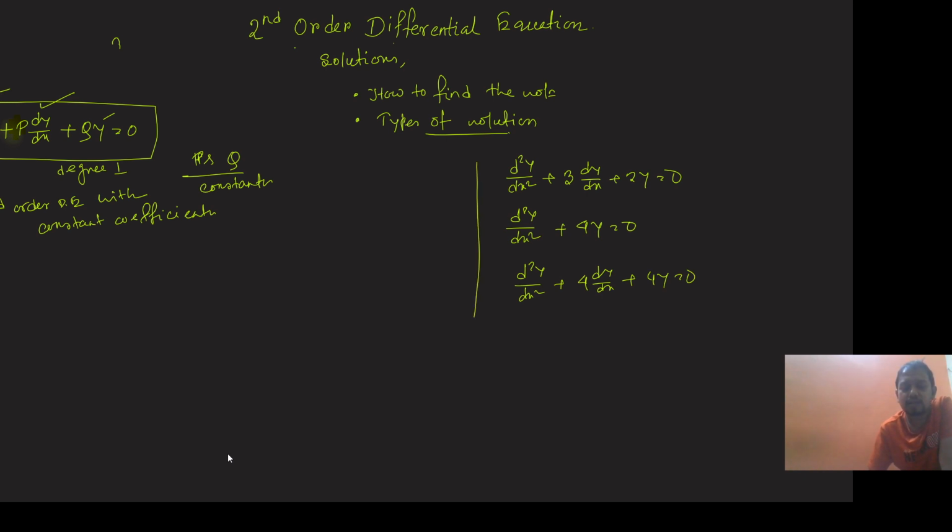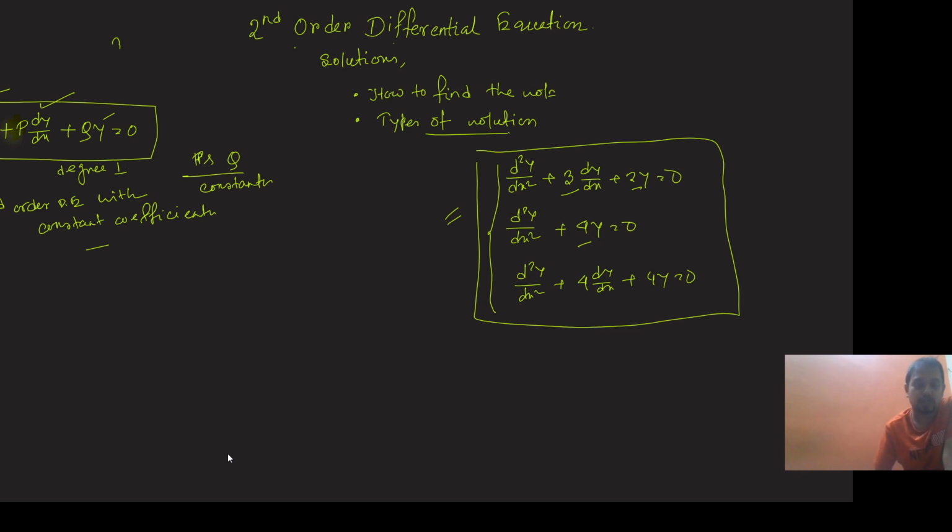See here, if you take all these three examples and many more, the degree of each equation is 1, the order of these three equations is 2, and the coefficients of y and dy/dx in all three cases are constants, that is, real numbers. So these are the examples and the concept of a linear second order differential equation with constant coefficients.